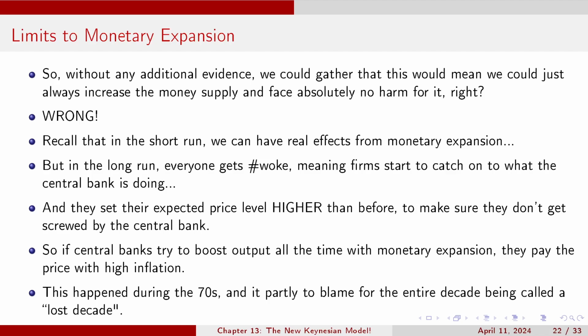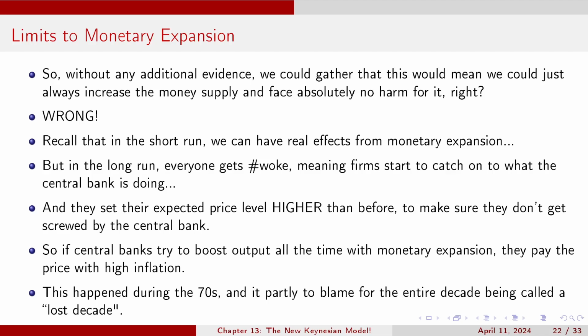And this actually happened during the 1970s. And I know in the book, I think I go on about the lost decade in one of the growth models chapters. This is actually where it came from. We had really, really high inflation, and a lot of it was the result of central banks for decades before trying to manipulate output to be constantly above what that flexible price output would be. They didn't have the real business cycle and New Keynesian models in the 50s, 60s, and 70s.